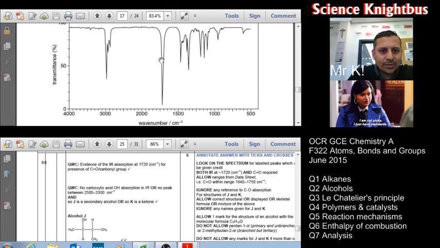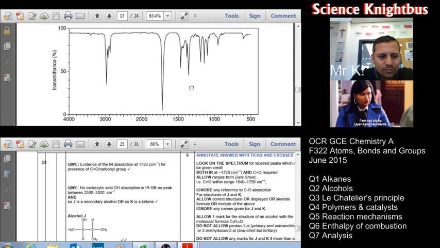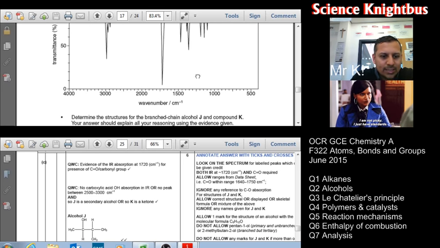That is a clear indication of the presence of C=O, the carbonyl group. You've got no carboxylic acid absorption, no peak between 2,500 and 3,300, and you also then need to infer that it is a secondary alcohol, or K is a ketone.